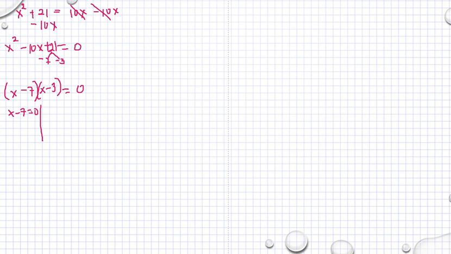Adding 7 to both sides of the equation, then this is 0. Then our first solution or root is x equal to 7. And then x minus 3 is equal to 0. Adding 3 to both sides, then we have x is equal to 3. That's our second root.